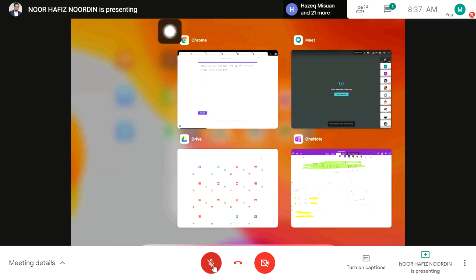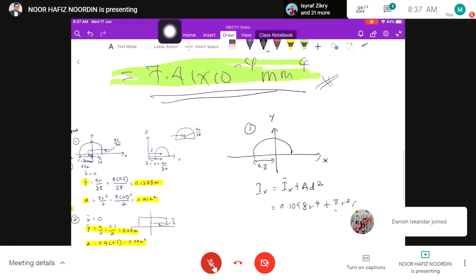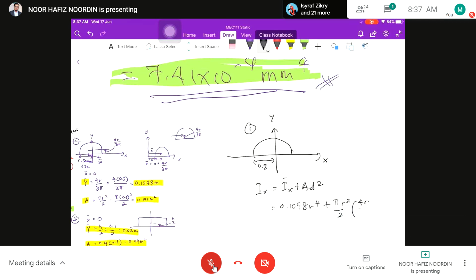Okay. So apa yang perlu kita buat? The formula for semicircle is 4r divided by 3 pi. Because the center point of semicircle is here lah. Yang saya tanda di dalam lukisan tu, yang dalam gambar rajah tu. So this one is 4r divided by 3 pi, the distance.